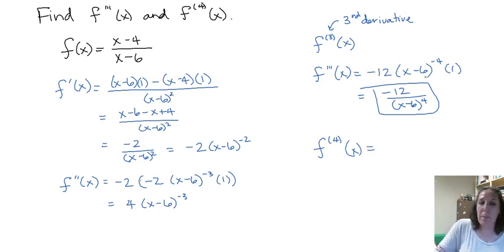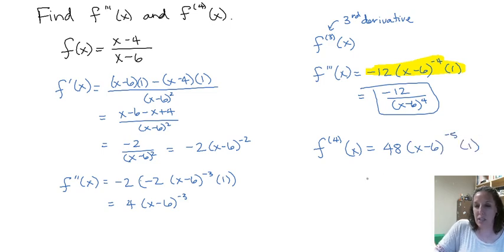But to take this, we are going to go ahead and look at the derivative before we simplified it. So we're going to be looking at this form of the derivative to take that fourth derivative. Same way we've taken the second and the third, we're going to get negative 12 times negative 4 is going to be a positive 48 times that x minus 6 to the negative 5th.